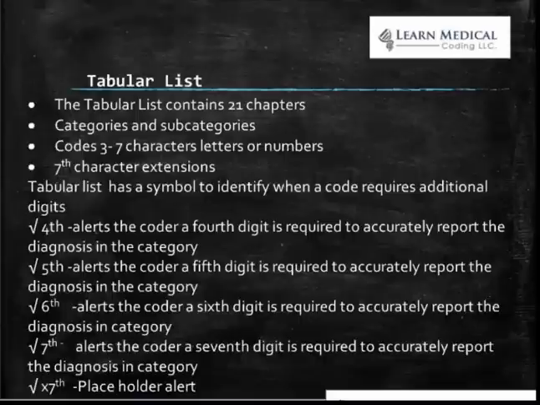If you see check 6, that means there are 6 characters required for this code to be complete. If you see check 7, that means there's 7 characters required for this code to be complete. Now, if you see check X7, that means there are placeholders required and 7 digits in total to make this code complete. Okay?